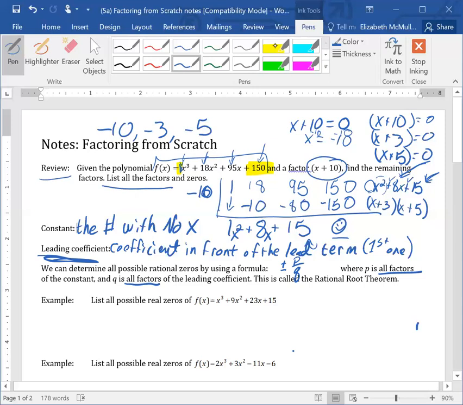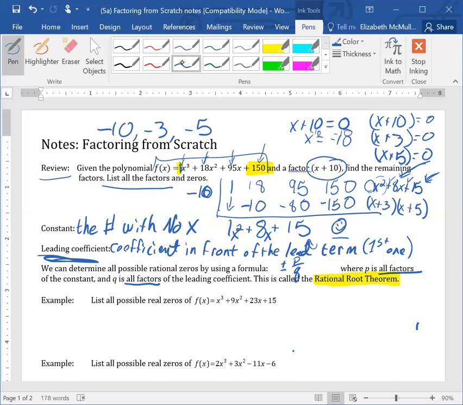This is called the rational root theorem. For this class, I'm not going to require you to remember that name. However, if you are moving on to higher level math, it might be a good thing to remember because it could come up later. Remember, p is all factors of the constant and q is all factors of the leading coefficient.